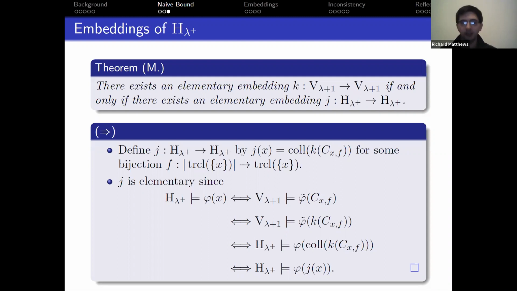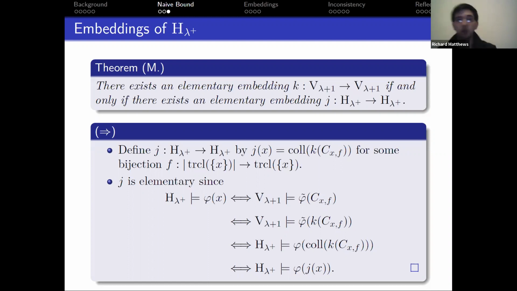So by elementarity, B_{λ+1} models φ̃(K(C_x^f)), which we can collapse to get φ of the collapse of K(C_x^f), which was our definition of J(x). We therefore have that J is an elementary embedding from H_λ⁺ to itself.